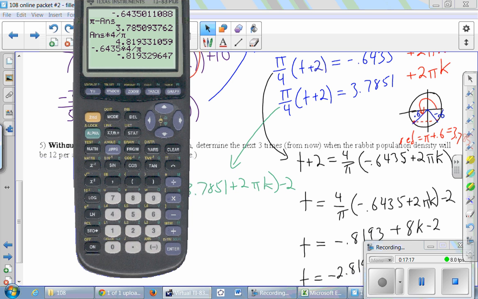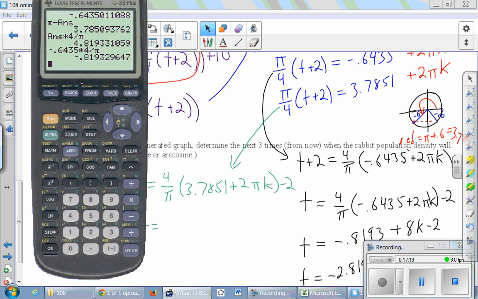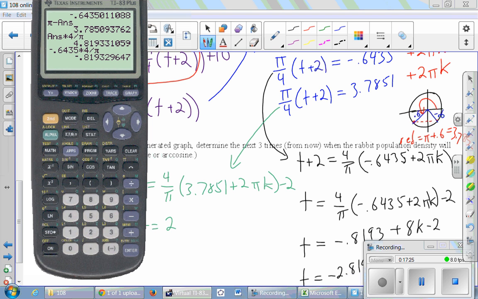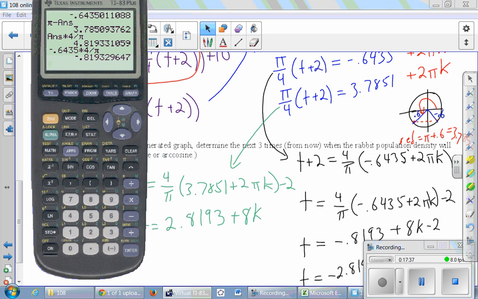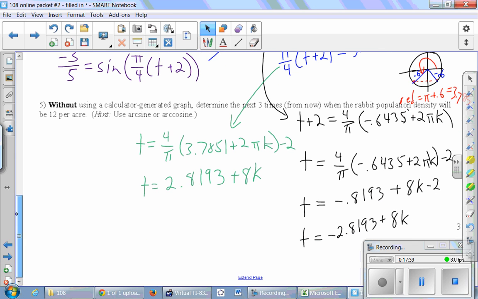I think it's 4.8 if I've got it right. So 4.8 and then subtract the 2 gives me 2.8. So what do we have here? 2.8193 plus, and then it's the same 8k that we had before. Okay, so we have the same number.